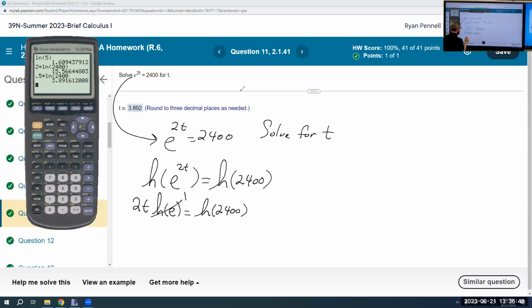This goes to 1. 2t equals natural logarithm 2400. So t equals 1/2 ln 2400. Okay. So again, this is a pre-calc thing, but sometimes in our class, the pre-calc is harder than the calc. Either way, the exponent's coming down. Any questions about that?